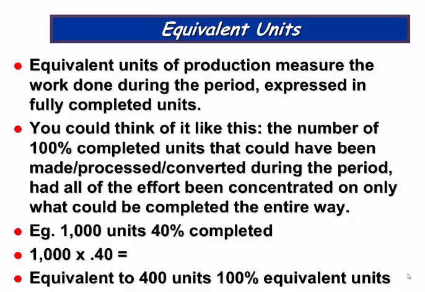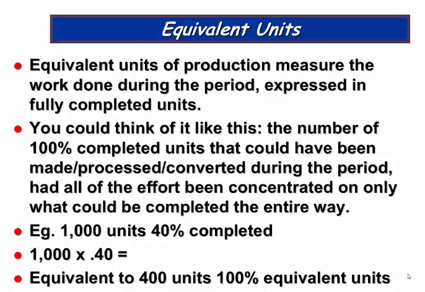Recall that we have already seen this particular slide here in regards to how we go about calculating equivalent units. If you need to take a moment and pause the video and review this slide, please do. But in short, what we always need to do is take our actual physical units and calculate equivalent units by taking that quantity and multiplying it by the percentage that those units are complete.